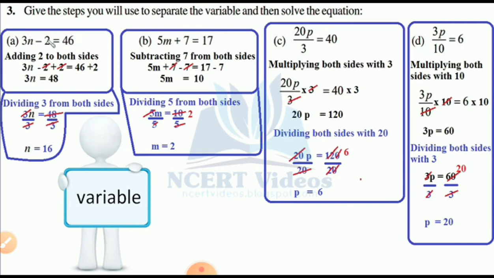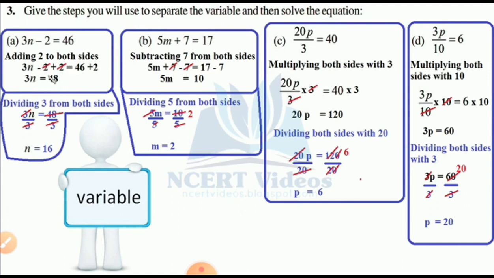Second thing is here, it is a 2 step answer. Minus 2 plus 2 cut. 46 plus 2 that is 48. 3n is equal to 48.